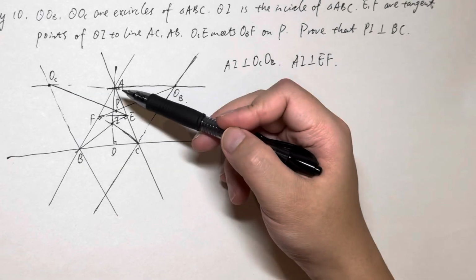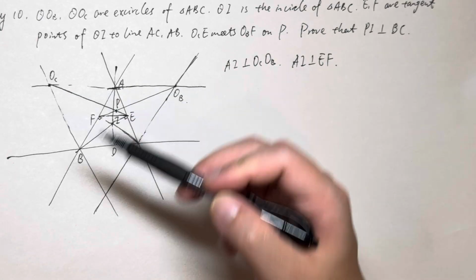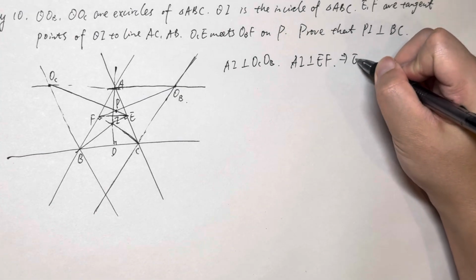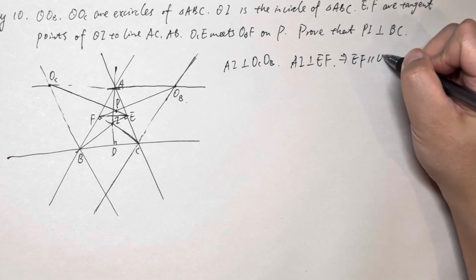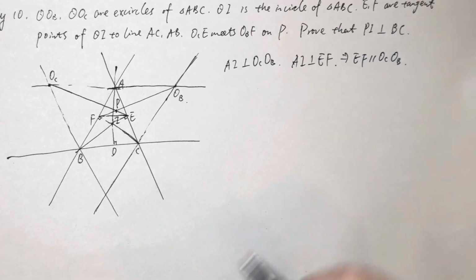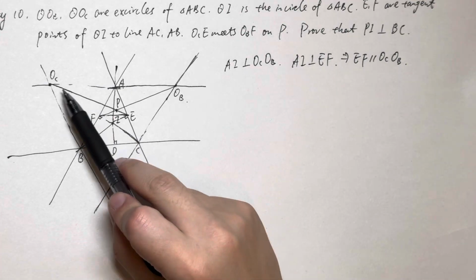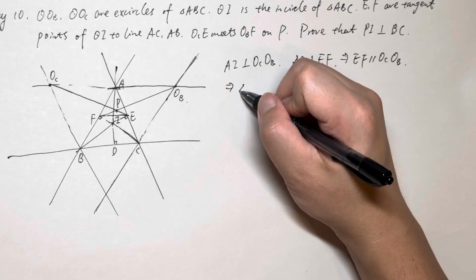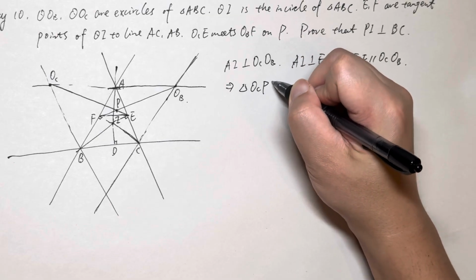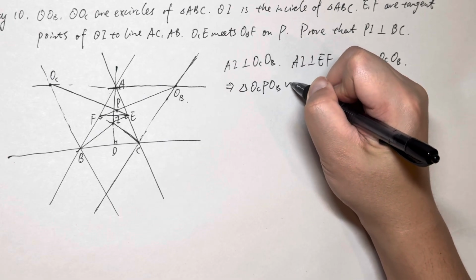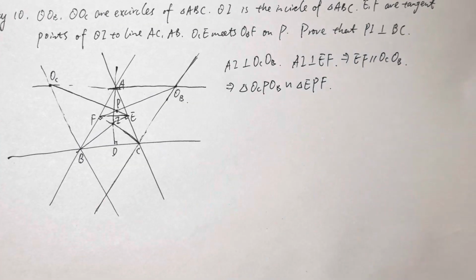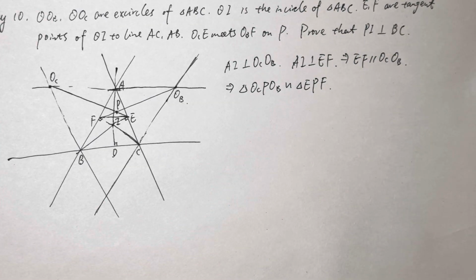So AI is perpendicular to EF as well. Then EF is parallel with OCOB, which means triangle OCPOB is similar to triangle EPF. That's what we can get so far.